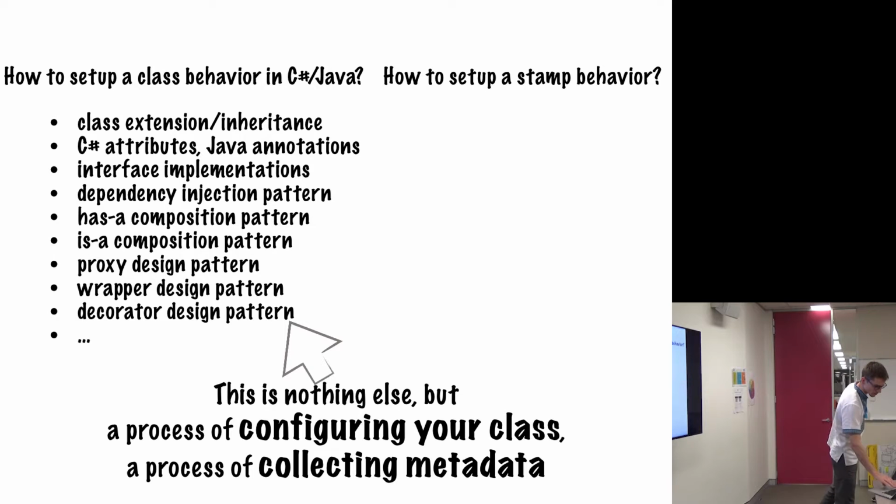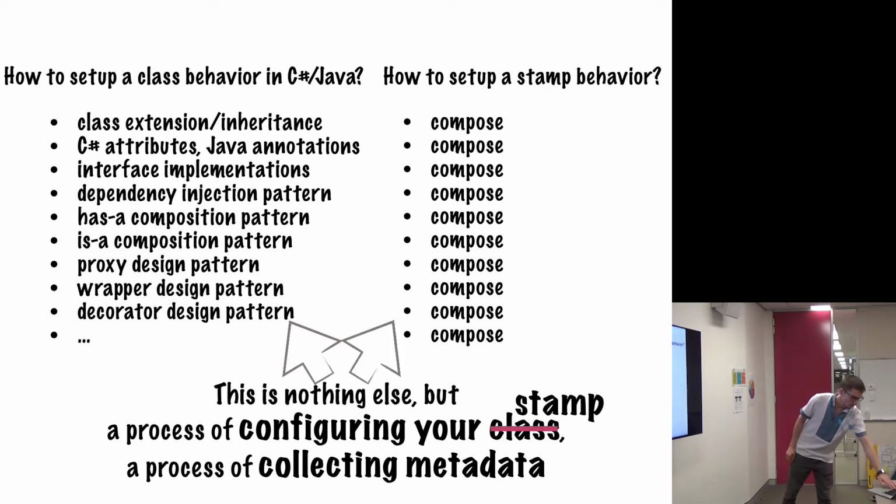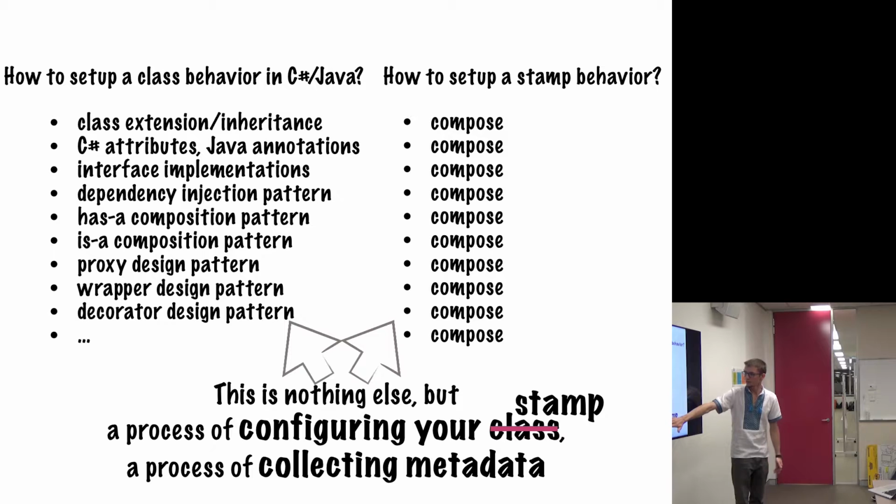So how do you do it with stamps? In stamps, you're using this thing called compose. So this thing on the right is the way you configure your class, how you collect the metadata about your stamp and the future objects instantiated from that stamp.